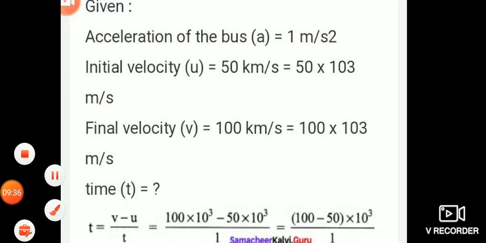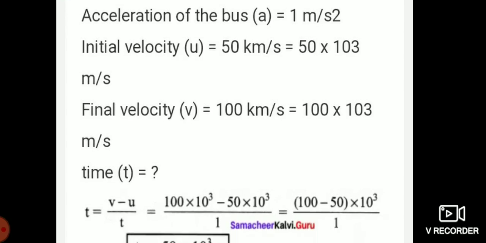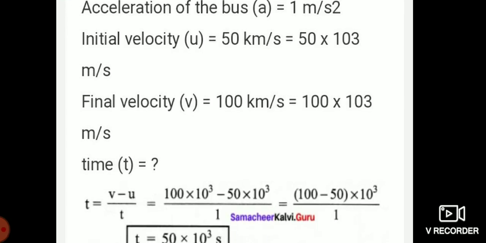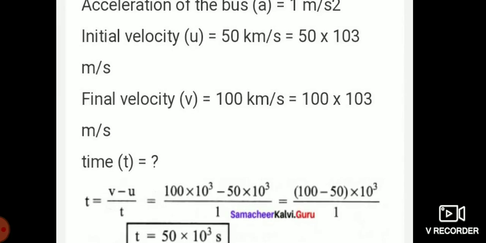So 100 km per second is equal to 100 into 10 power 3. Now we have to find out the time. The formula is time equals v minus u by t, so 100 into 10 power 3 minus 50 into 10 power 3.